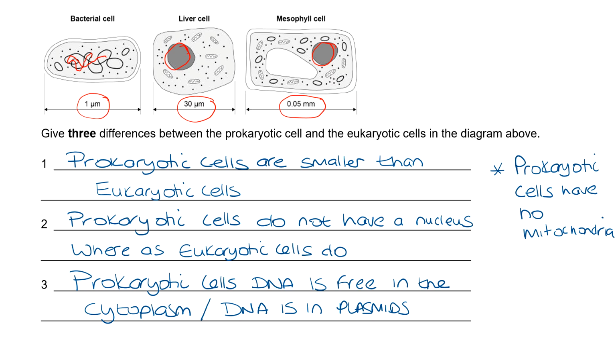And it also has DNA in plasmids, which are little loops. And then finally, a fourth difference is that prokaryotic cells have no mitochondria. Again, you can see this on the diagrams. Both the mesophyll and the liver cell have mitochondria, which is always represented by this oblong shape with a little wavy line in it.